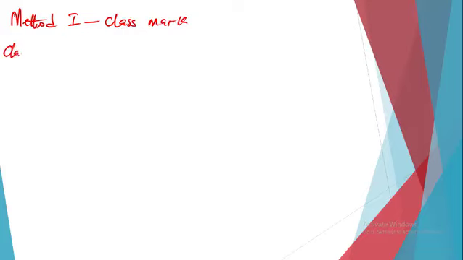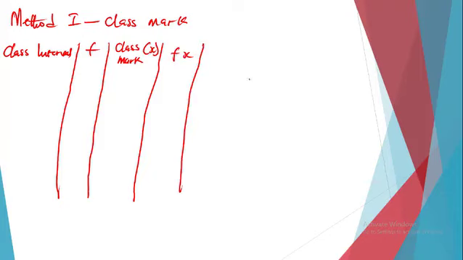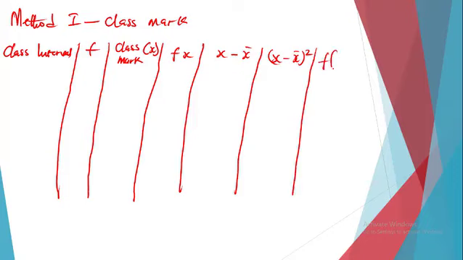We have the class interval, the frequency, the class mark, which is our x, f times x, x minus x bar, x minus x bar squared, and then f times x minus x bar squared as our last.